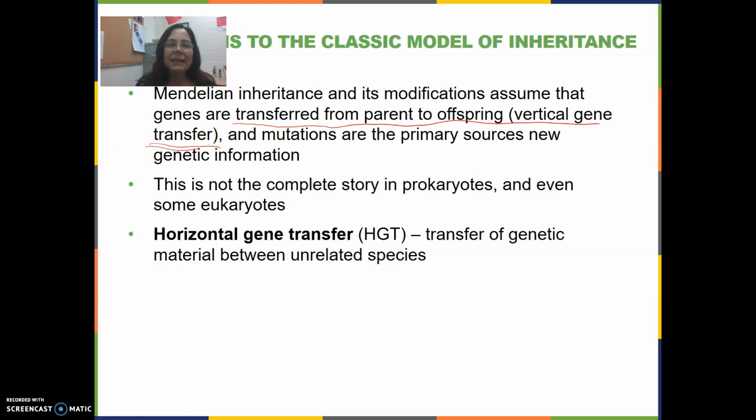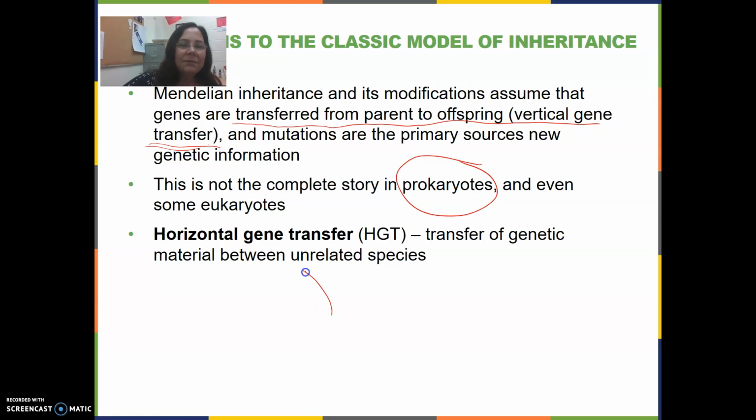So a new gene is a result of a mutation. But in prokaryotes and even some single-celled eukaryotes, this is not the complete story. Prokaryotes, like bacteria, can actually transfer genetic material between unrelated species.